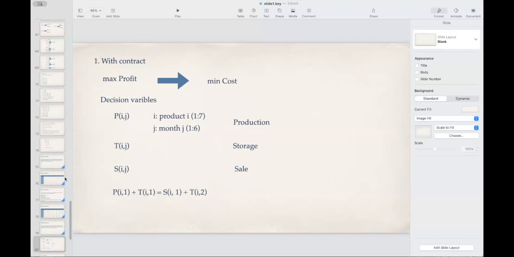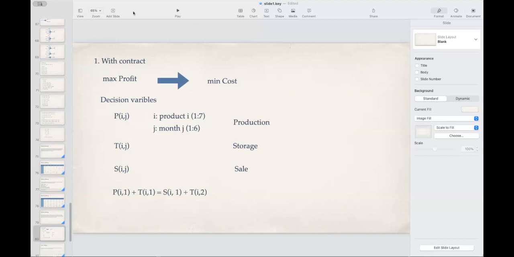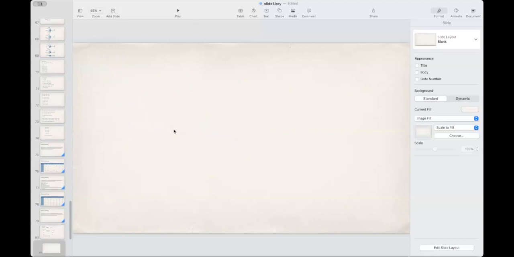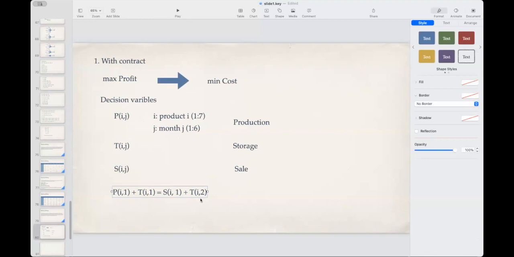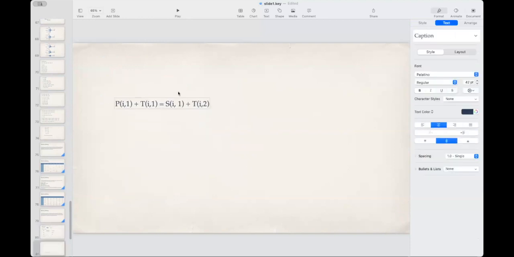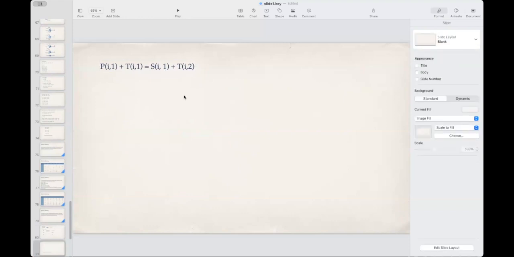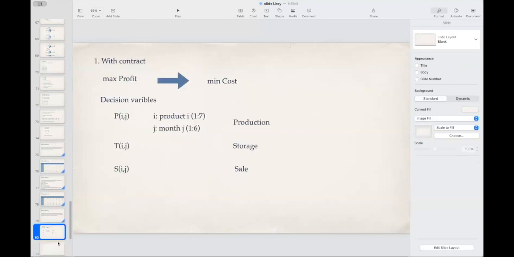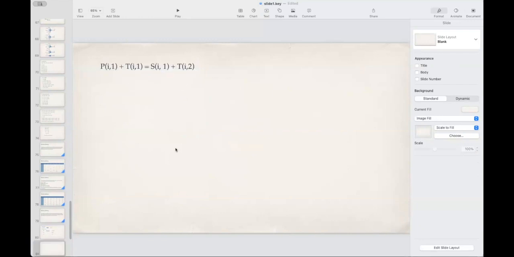Okay, I should move this to the next slide, because we're going to have more constraints. Yes, this is a constraint already. It's funny that we start directly from the constraint without writing the objective function first, but it's okay.